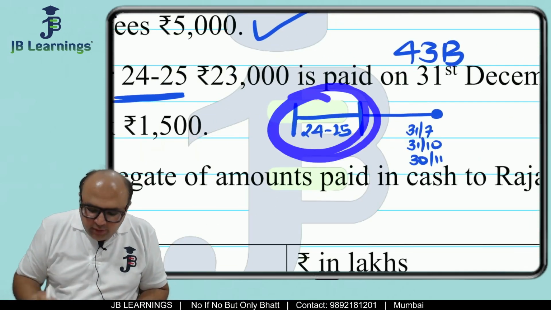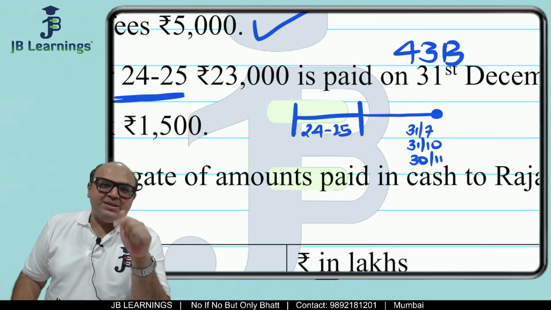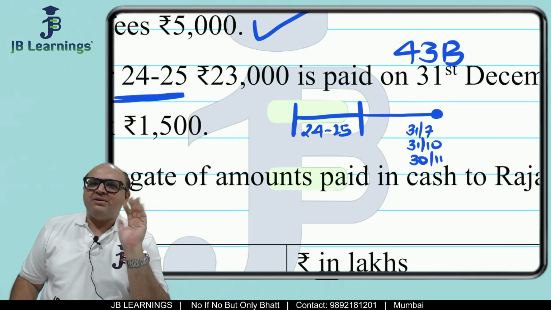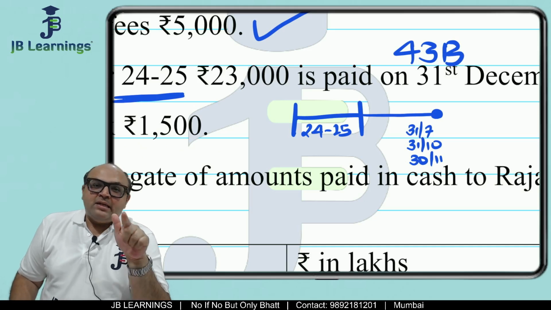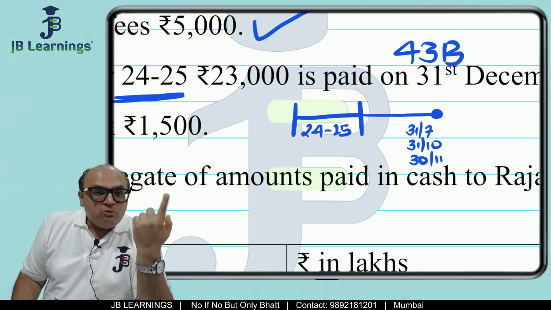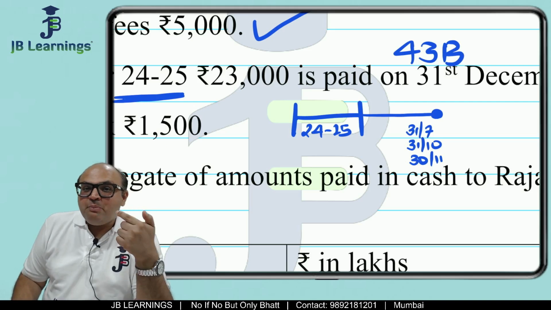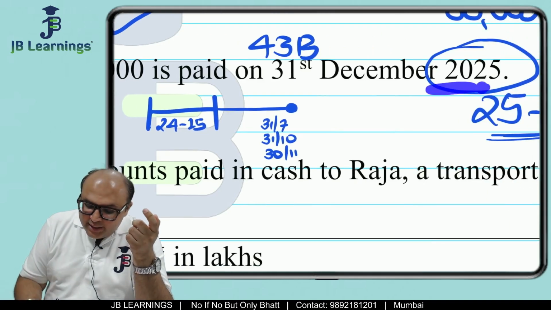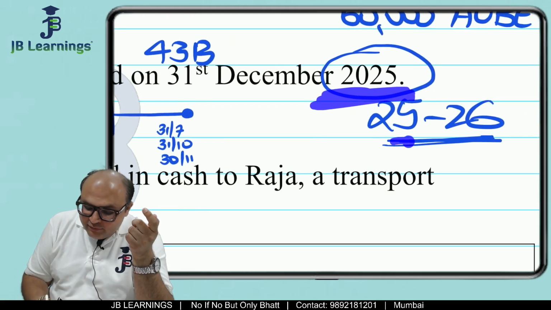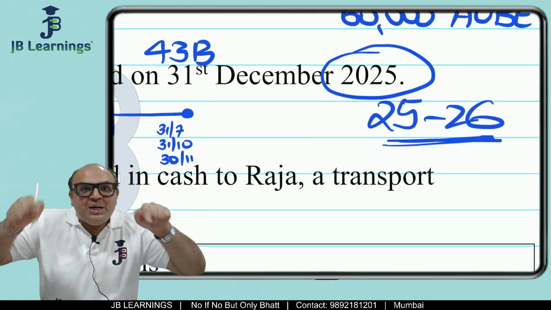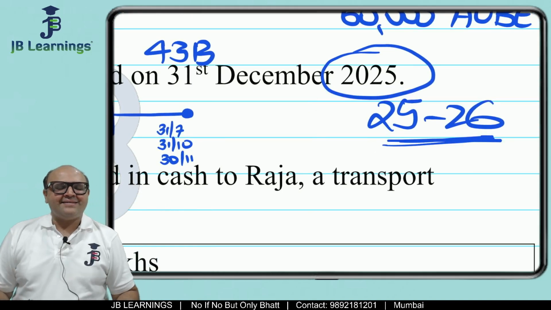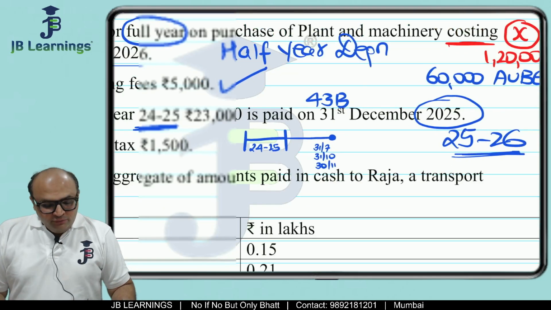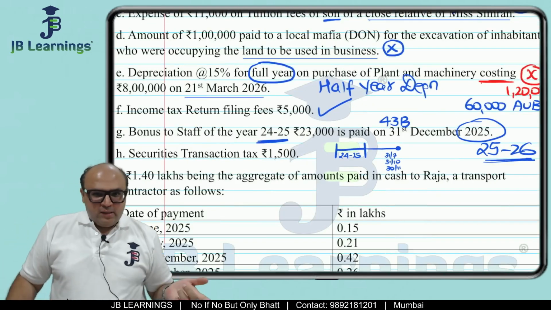Now, if you remember, if bonus is not paid, it is not allowed as a reduction in 24-25. Friends, not allowed in 24-25, but this is only a temporary disallowance. It is allowed as a reduction in the future, in the year in which it is paid. So it is paid in December 25, which is a future year. So it should be allowed in 25-26.